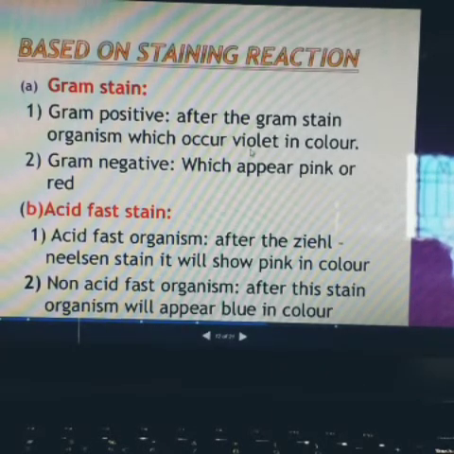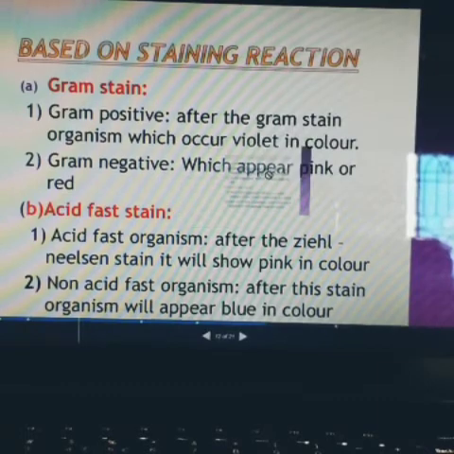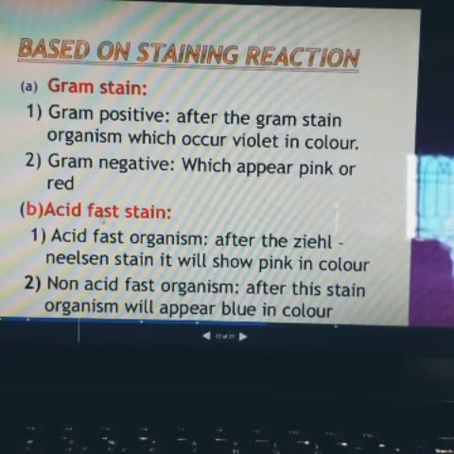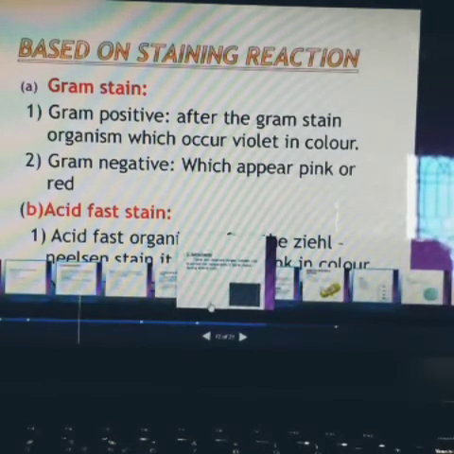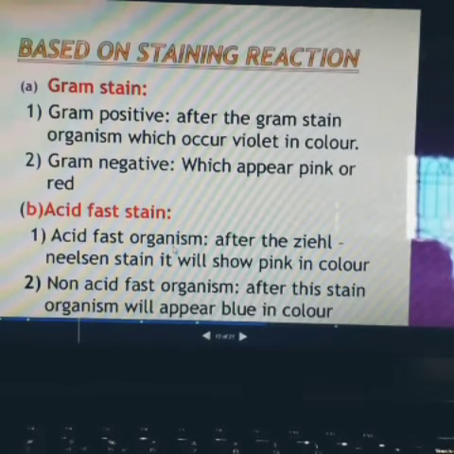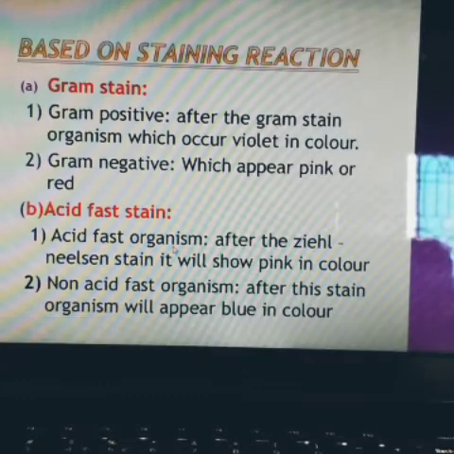That's why the bacteria are of two types based on staining. And another one देखो, acid fast stain of the bacteria. Acid fast organisms after the Ziehl-Neelsen stain will show a pink color, but non-acid fast organisms after the stain will appear blue in color.